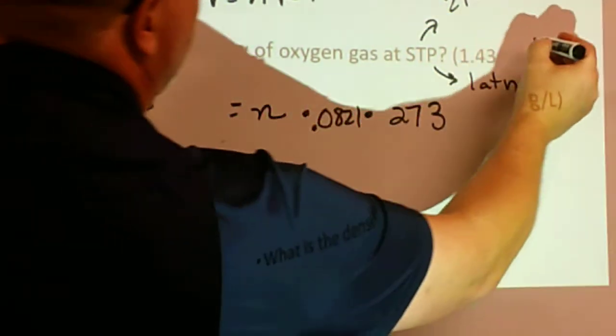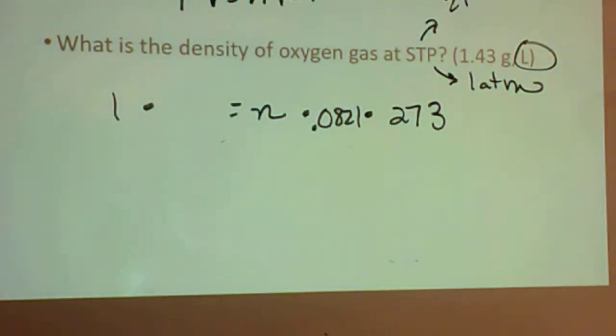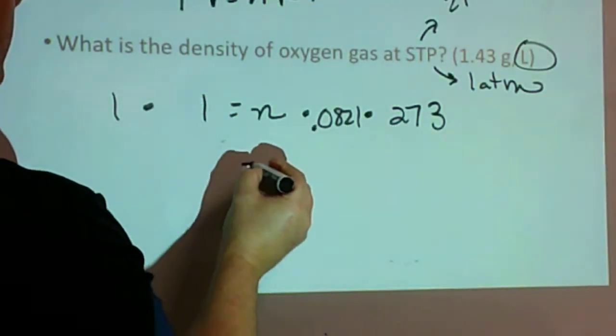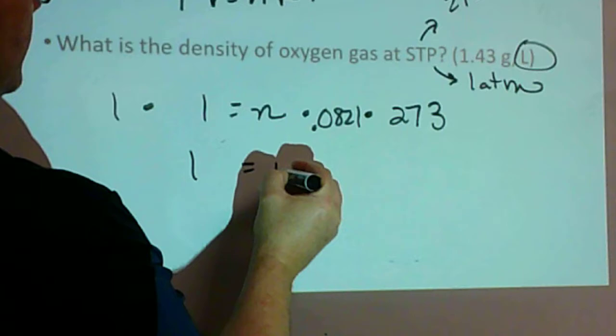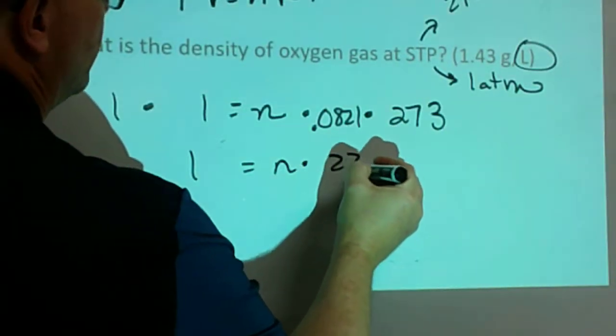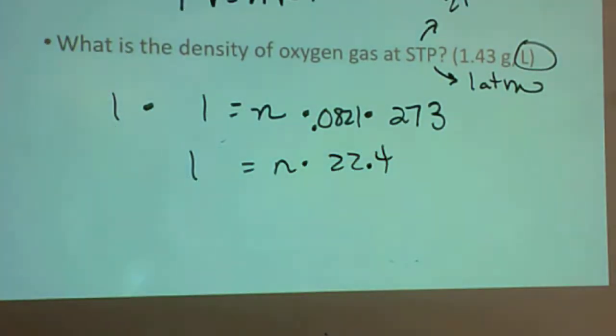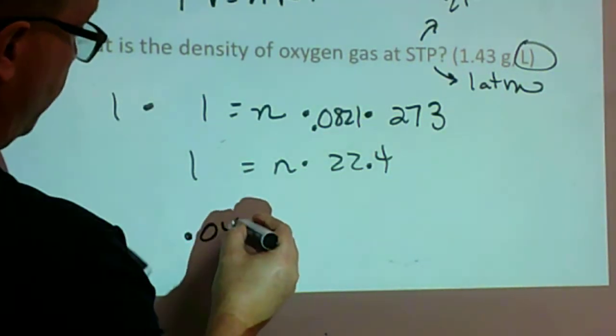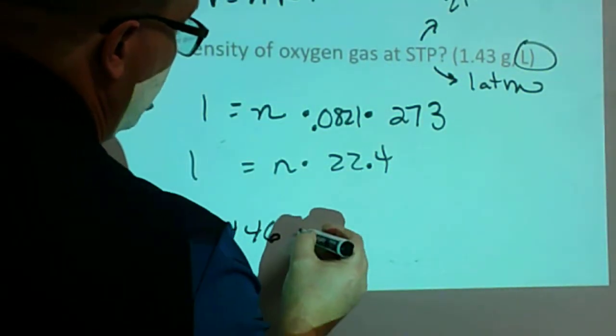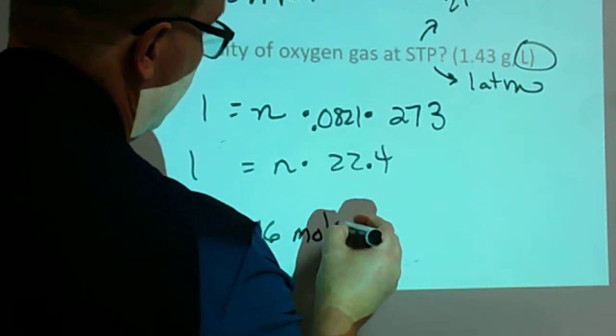And my volume is going to be coming from the density part, which is 1 liter. That is 1, and then n, and you'll see an amazing number, which is 22.4. 1 divided by 22.4 is 0.0446, which is my moles.